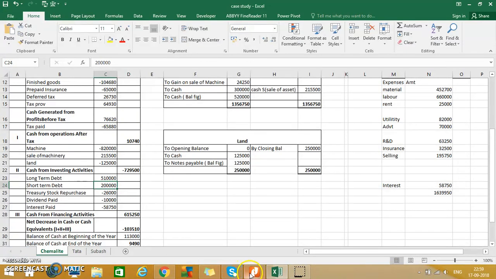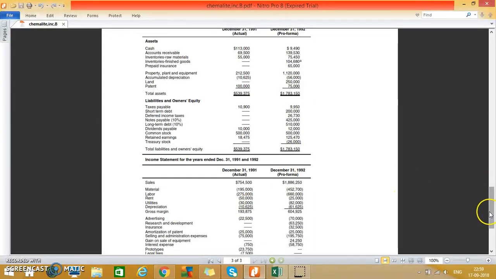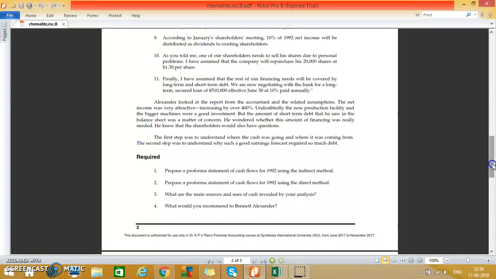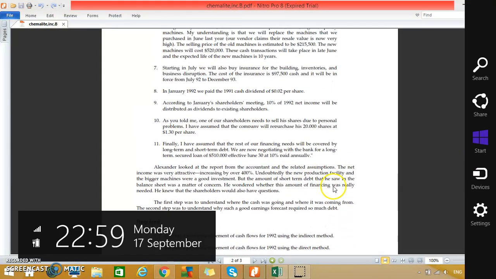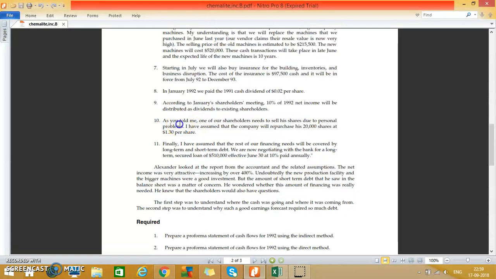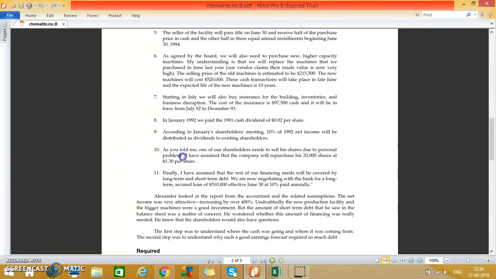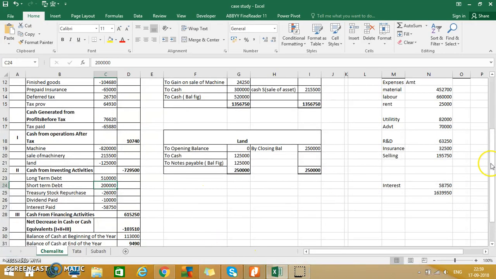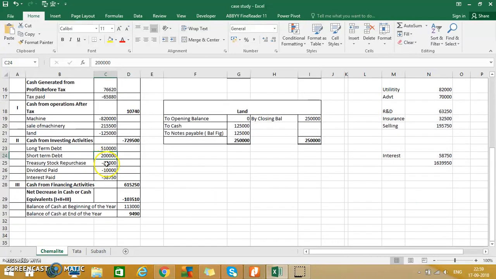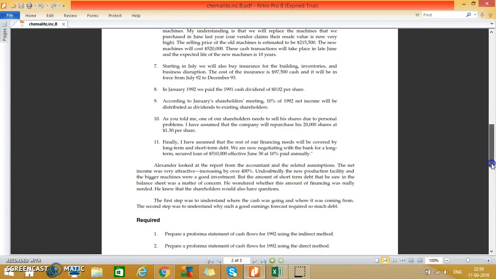Now, when you look at this problem, in the problem, the promoter was speaking about a shareholder who seems to be in some monetary difficulties, and he is actually willing to sell away his shares, where the company is interested in buying away these 20,000 shares at a rate of $1.3, which will mean $26,000, and that's what has been the treasury stock repurchase, $26,000, that you can also find it in the balance sheet here.